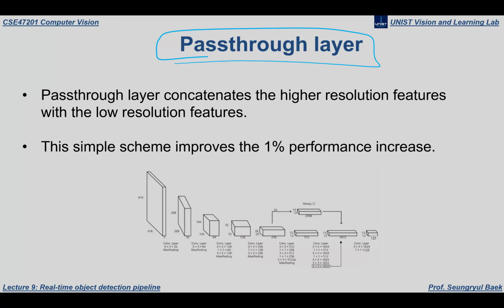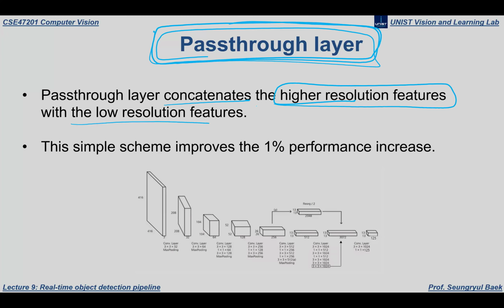Okay. The idea of the pass-through layer is to concatenate higher resolution features with lower resolution features. So this is the architecture, and what they do is, normally there's no path like this.